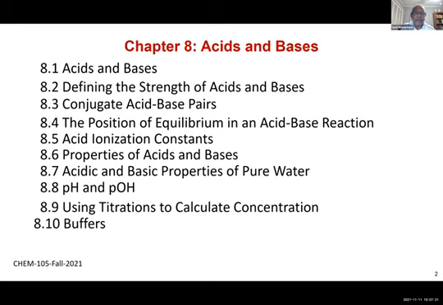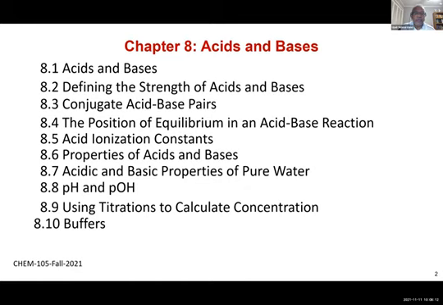Buffers are solutions made out of weak acids and their conjugate base, or weak base and conjugate acid combinations, that are used as buffers, meaning they retain the hydrogen ion concentration without being changed. Buffers can absorb certain changes in pH and maintain the pH. So buffers are important in biological systems.